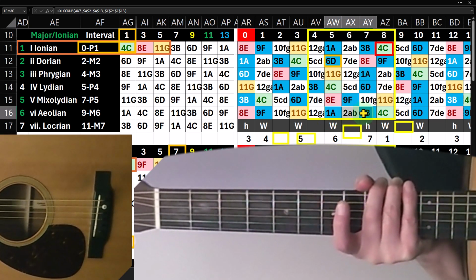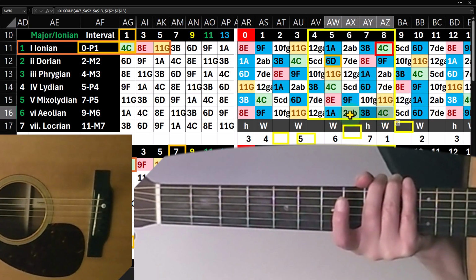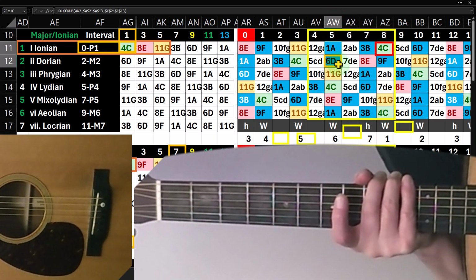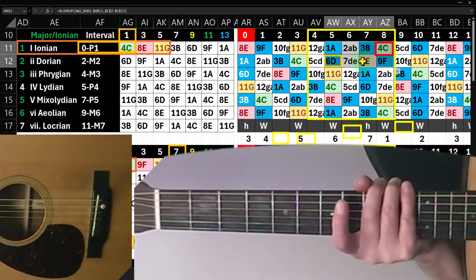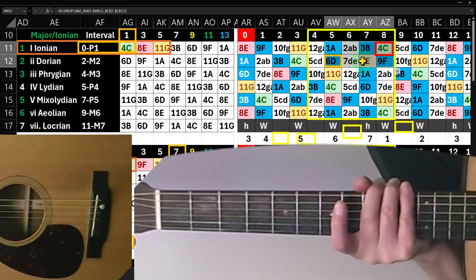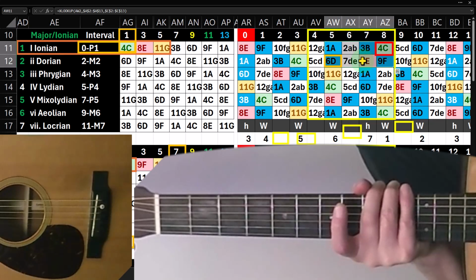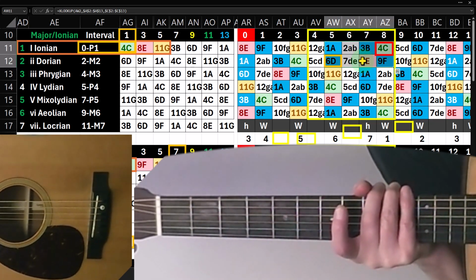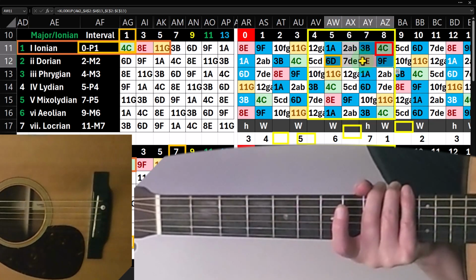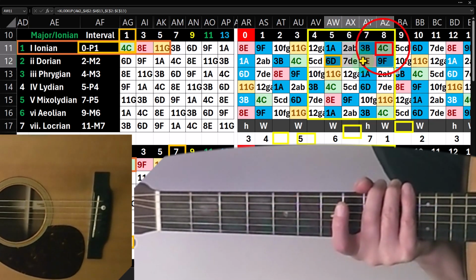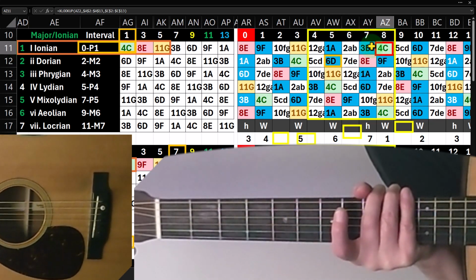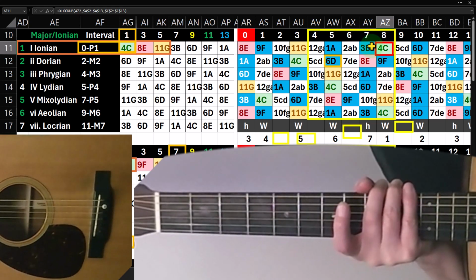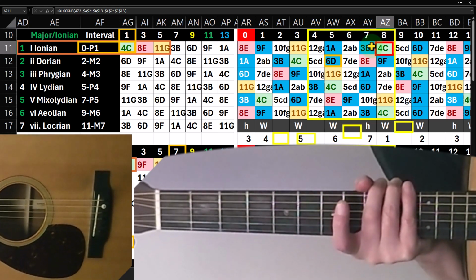This bottom string is the same as the top string, so you can see this is the top of the double stop house shape. The reason that's useful is that I can now determine where each of the starting points of the modes live, which I can then apply the formula to from that point. So this C, the start of the Ionian mode, absolute mode number 1, will always be at the top of the house.